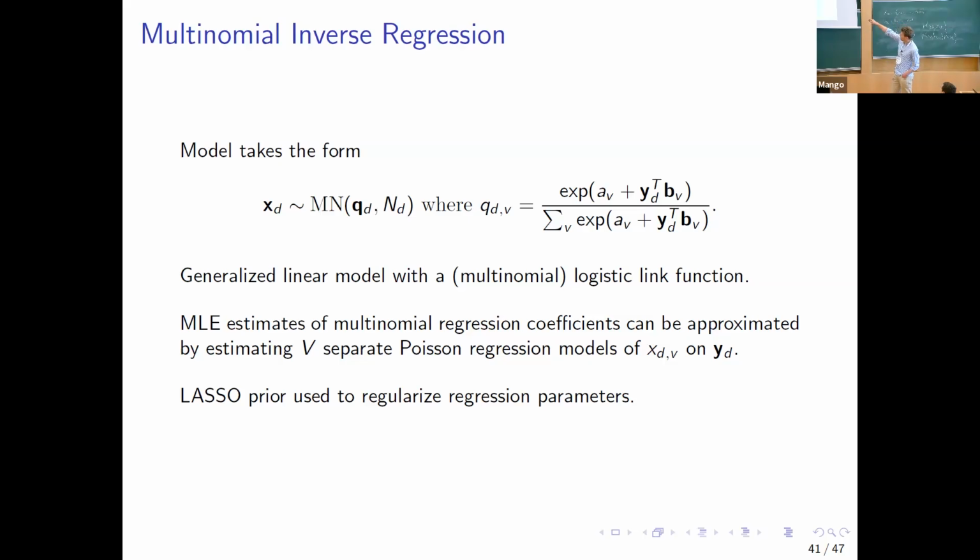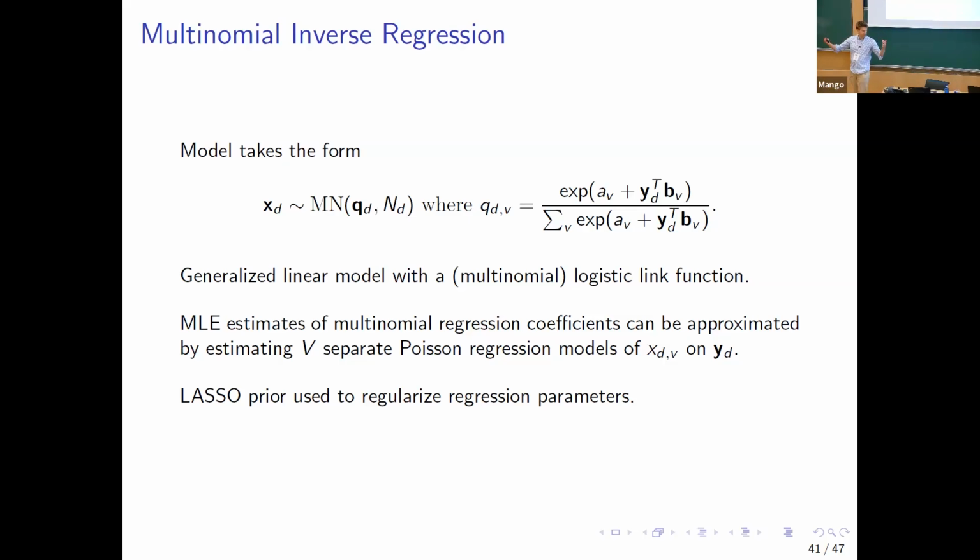Okay, so I'm going to flip this v-sided coin m times, and the probability that it lands on the v face is given by this expression. Okay, so q_dv is the probability that term v shows up in document d. Every document is going to have its own document-specific multinomial probability vector, and this is a multinomial logistic. Sometimes in the machine learning literature, this is called a softmax function.